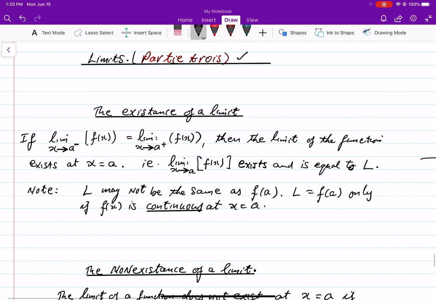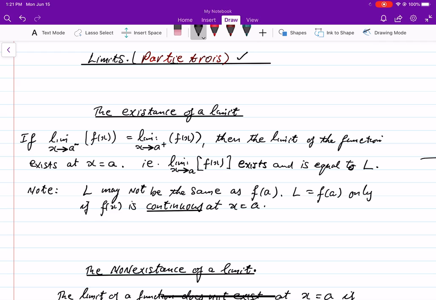Note, let me read it over again. If the limit as x approaches a minus of f of x is equal to the limit as x is approaching a plus of f of x, then the limit of the function exists at x equal a. That is, the limit as x approaches a of f of x exists and is equal to some value L. There's a special note at the bottom there that says L may not be the same as f of a.